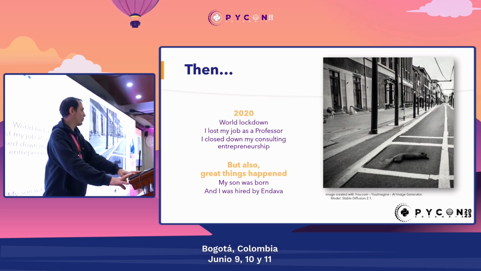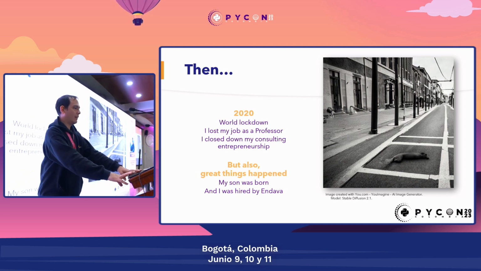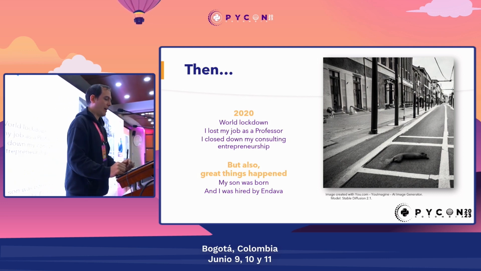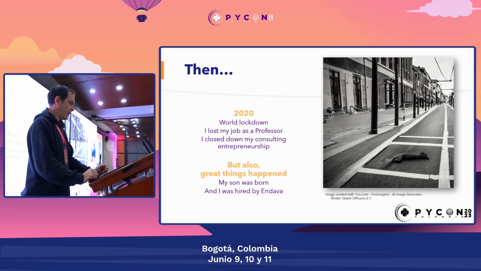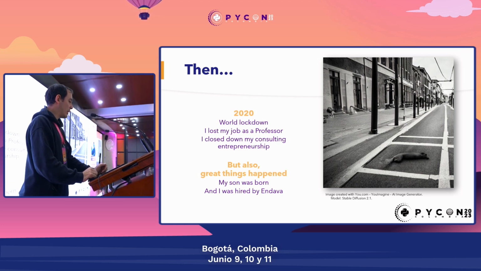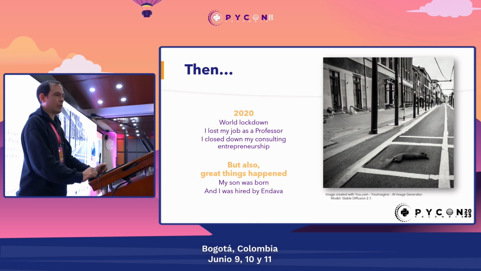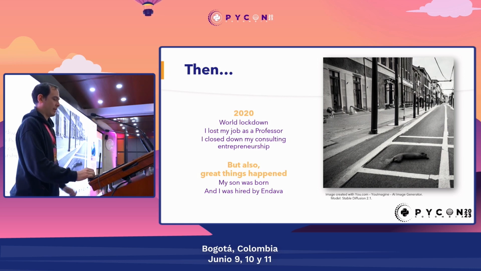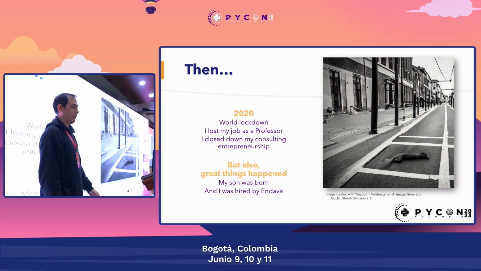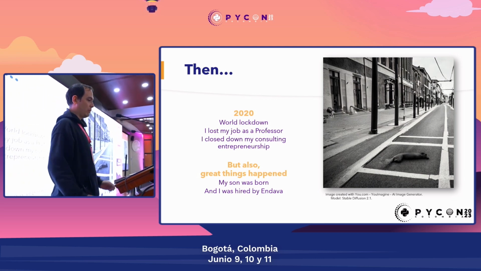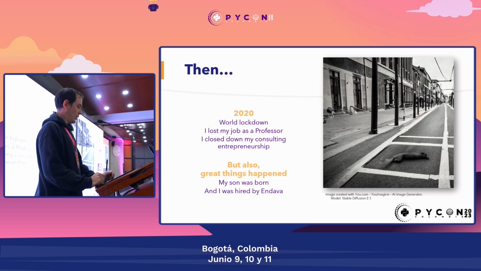I had to close down this company because nobody wanted consulting in the area that I was working in remotely. And a lot of things happened that year, the world lockdown and pandemic and all these things. Of course, the image is created by Stable Diffusion. It's not a real image.